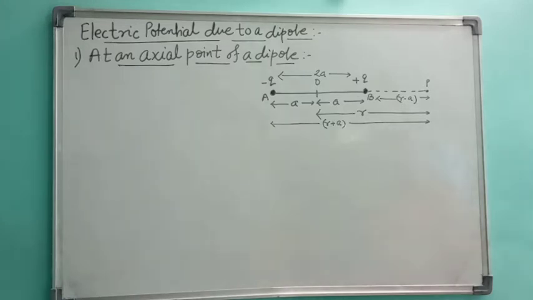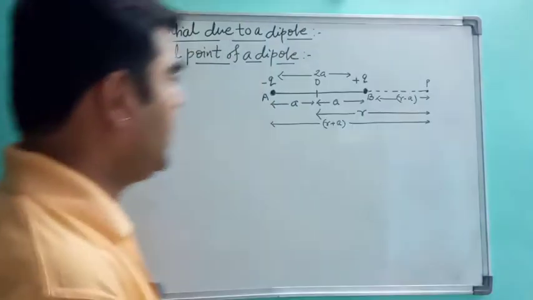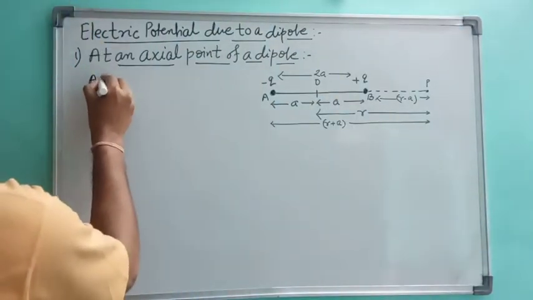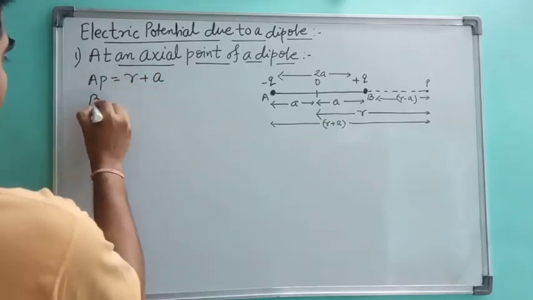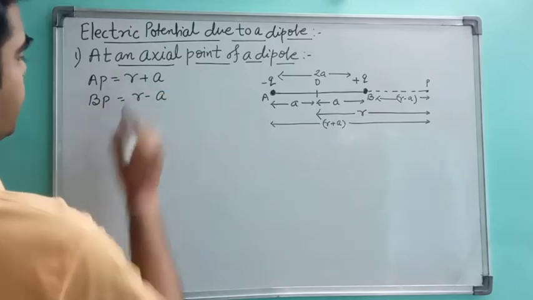Let point P be on the axis of the dipole at a distance r from its center. So AP is equal to r plus a and BP is equal to r minus a.